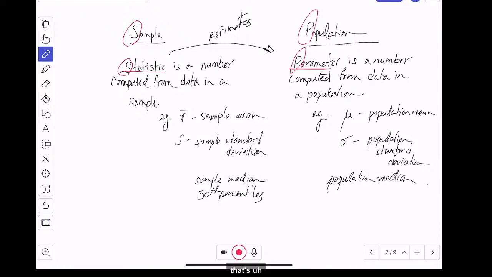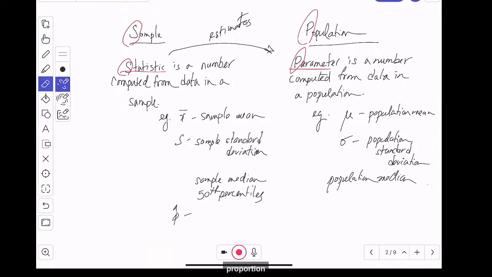And one more that's popular and that you've learned about is proportion. Proportion is really important. Proportion of people who wear masks in public places, a proportion of people who vote Democrat, something like that.